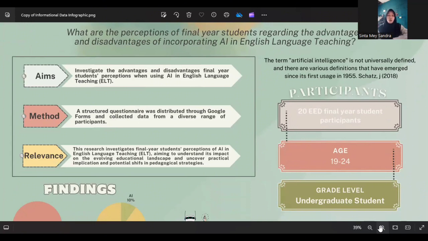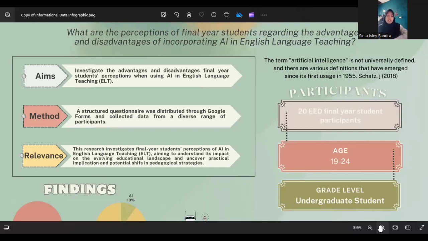Based on the results of our survey, there are 20 participants, and from the data, 17 respondents were female, which is 85%, and 3 respondents were male, which is 15%. The survey results show that females are the highest in number in the survey. And the age of the respondents is between 19 and 24 years old.